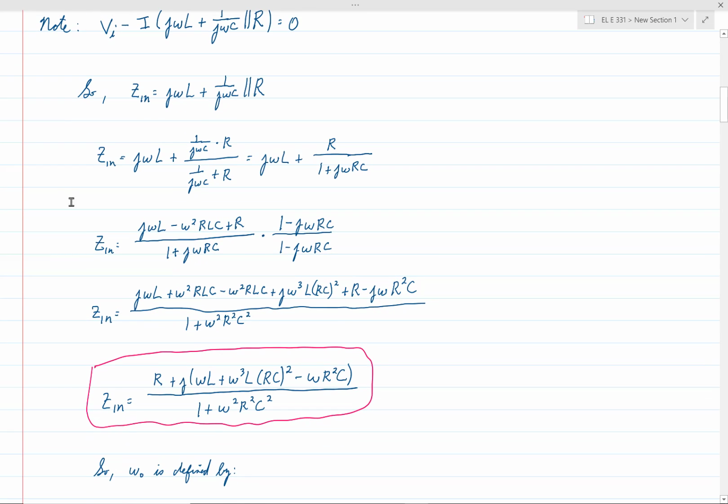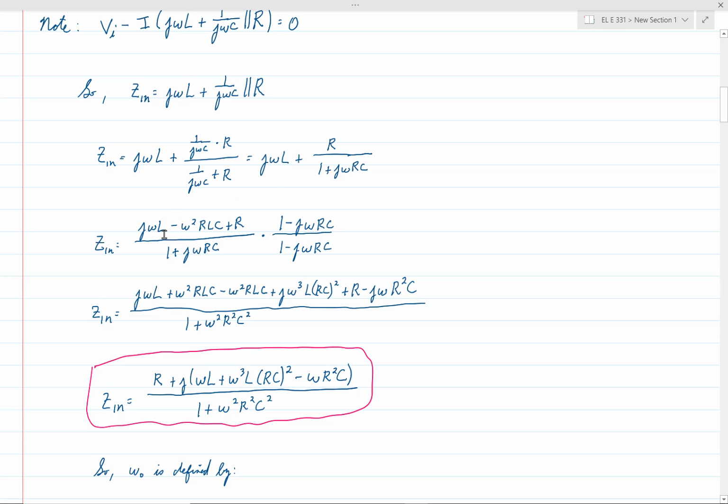Okay, now once you get that, then what we want to do is to get a common denominator. So we multiply j omega L times 1 plus j omega RC divided by 1 plus j omega RC. And like I say, to get a common denominator.